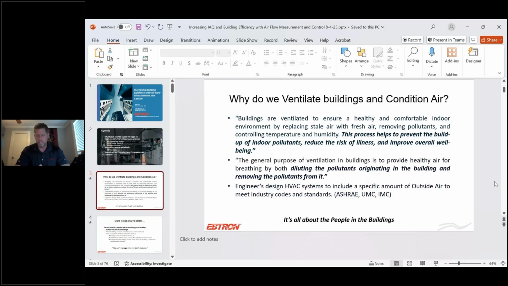You may be designing to an ASHRAE 62 standard, or an ASHRAE 170 standard if you're in healthcare. These standards and codes exist specifically because it's been recognized that it's important to condition the space and dilute the pollutants. So it's all about the people in the buildings. That's why we're ventilating buildings and conditioning the air.